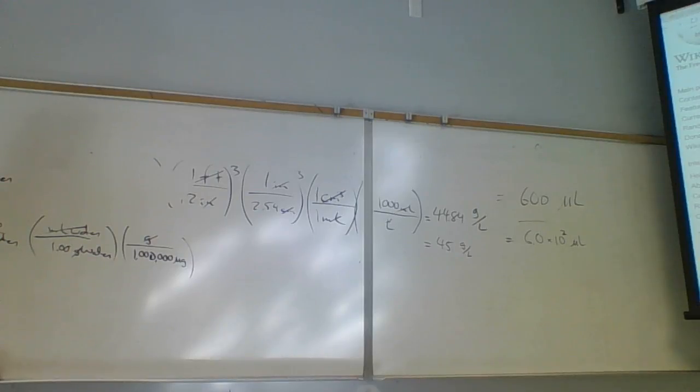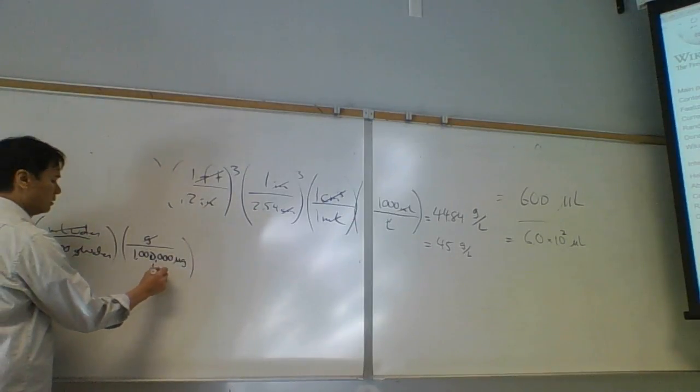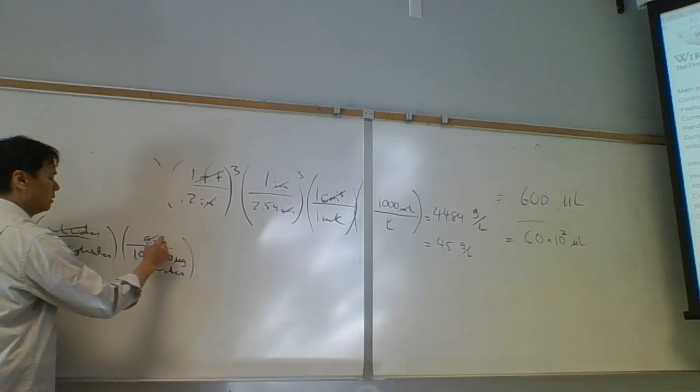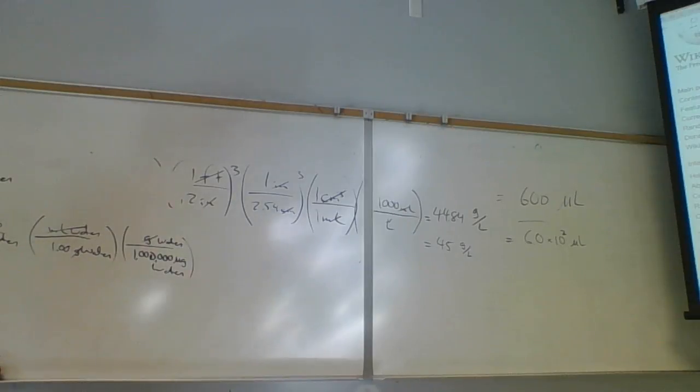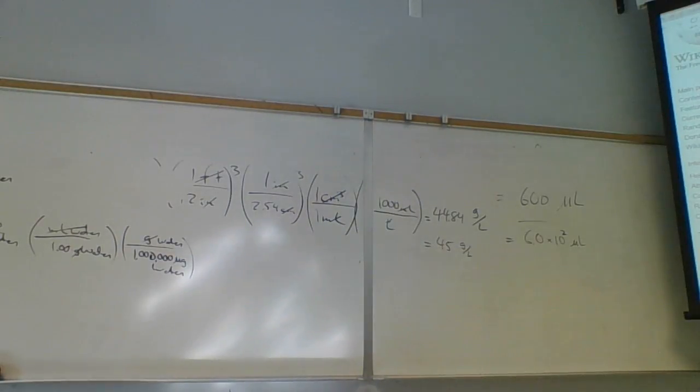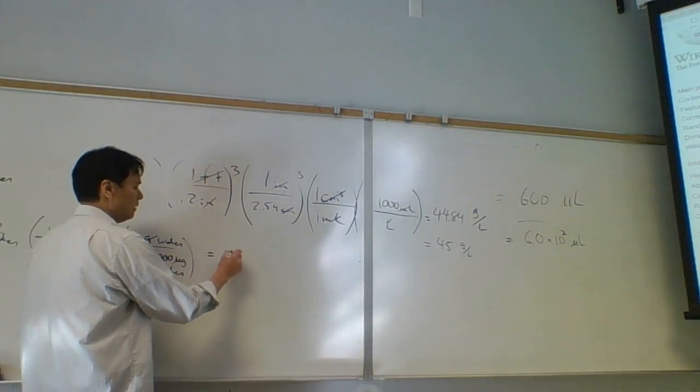We have 1.8 micrograms of lead per million grams of water. Does that kind of ring a bell? In a way? What would you call that? That's right, you call this 1.8 ppm.